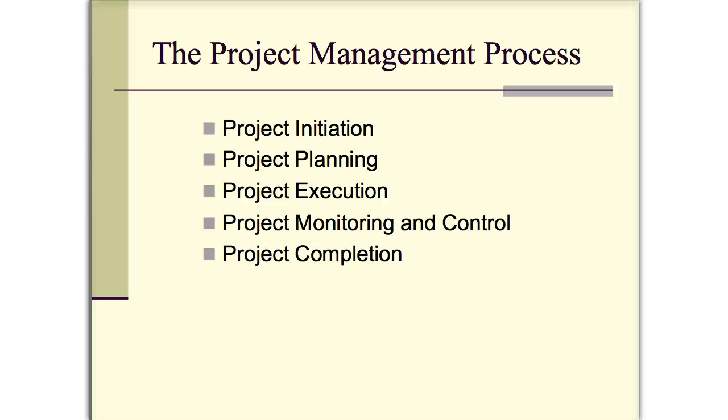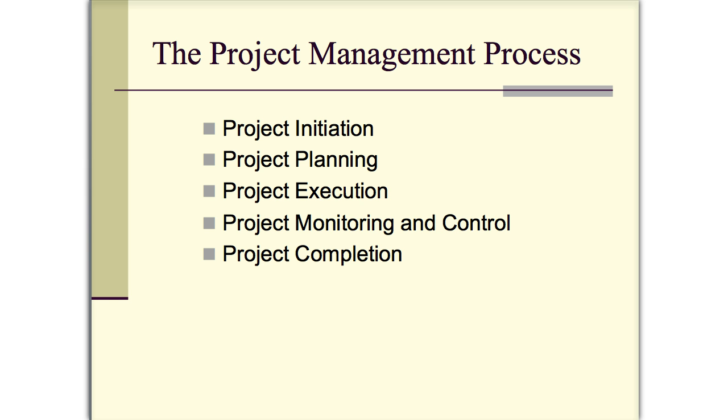Project monitoring and control: the project manager or project leader is in charge of making sure that the project is moving forward smoothly. Not every group or project would move forward without somebody making sure that all of the milestones are met, and that the project doesn't go astray, doesn't go over cost or time, things like that.